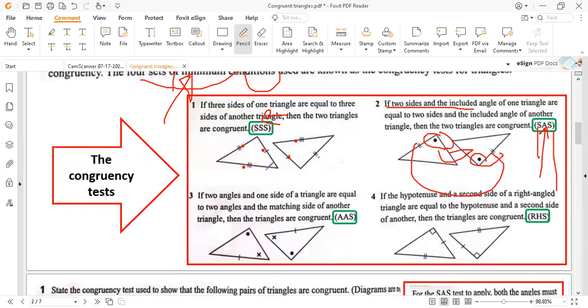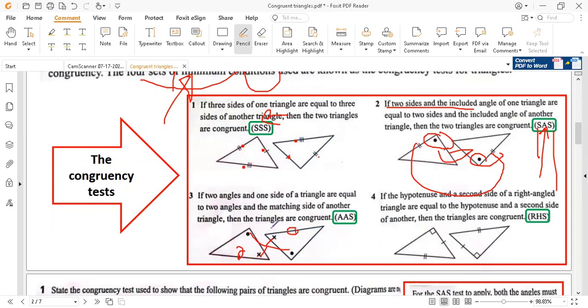If two angles and one side of a triangle are equal to two angles and the matching side of another triangle, what do we mean? We have this angle equal to this and this angle equal to this. The side that we are talking about isn't obligatory to be in the same position relative to these angles.